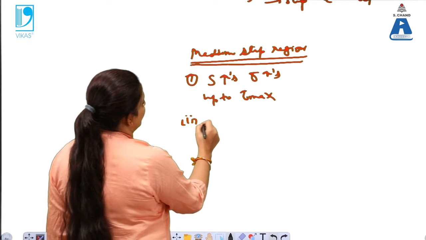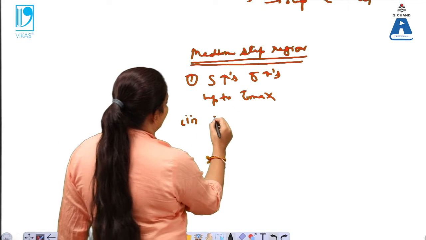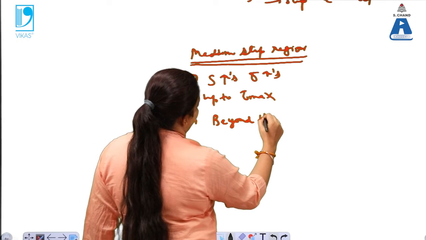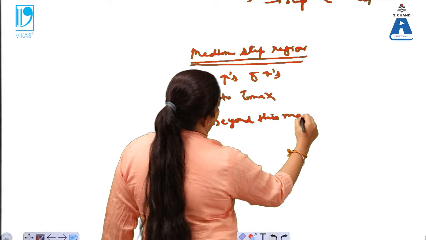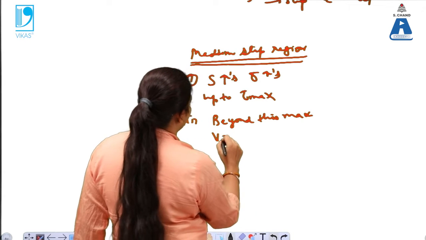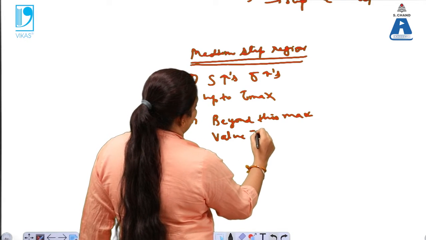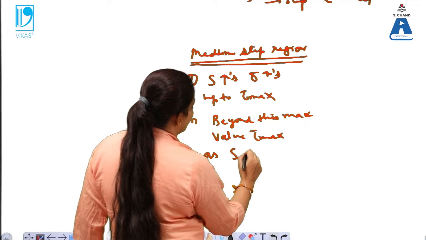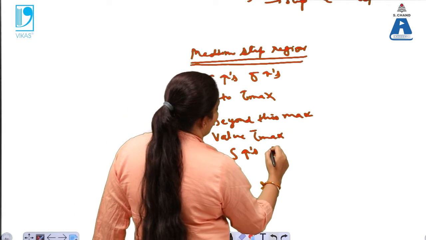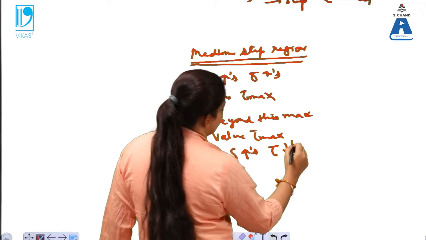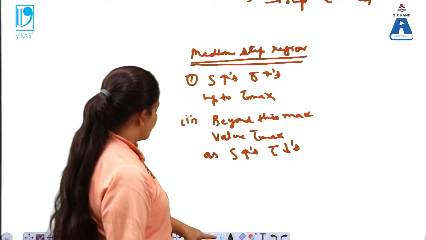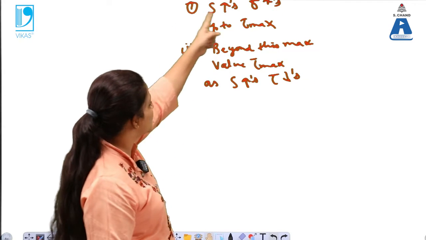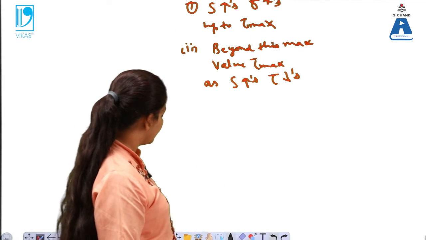Second, beyond this maximum value, tau max, as S goes on increasing, the torque starts decreasing. In the working of the induction motor, this part is very important.